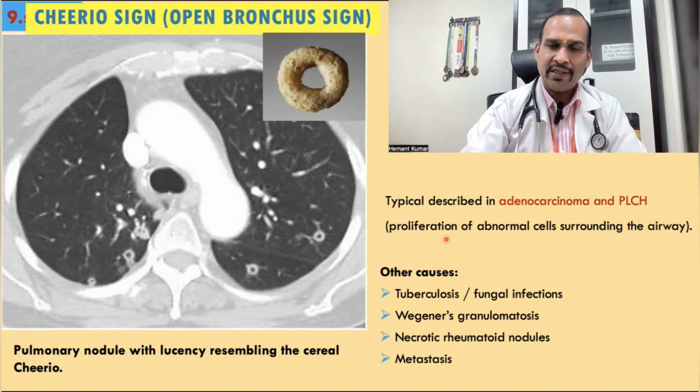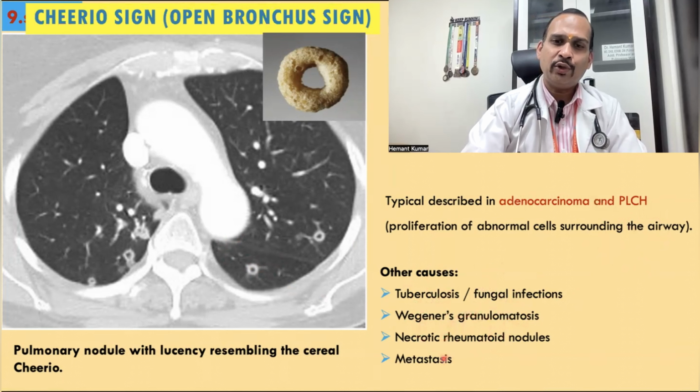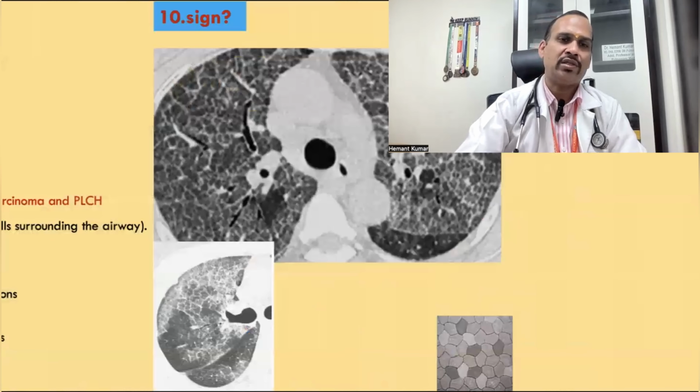Why does it happen? It is because of proliferation of tumor cells surrounding the airway. Other causes: it may be seen in tuberculosis, fungal infection, Wegener's disease, rheumatoid nodule, and metastasis. But it is common in adenocarcinoma and PLCH. This is cheerio sign or open bronchus sign.